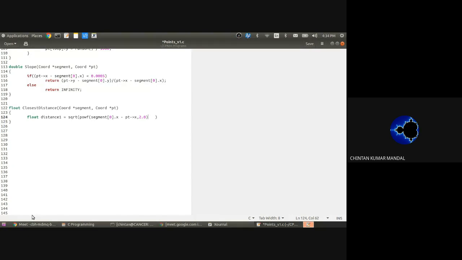So this is a power function, minus x squared, this is a plus, right? Plus or minus? Plus.